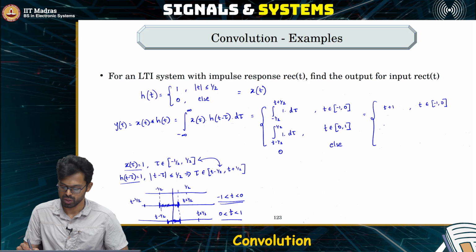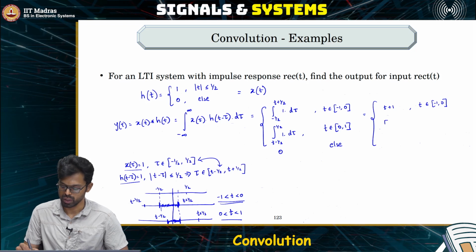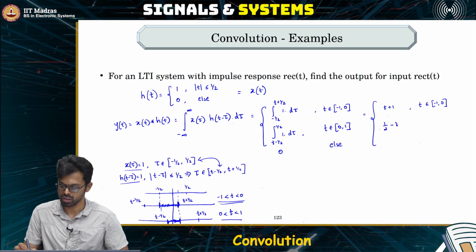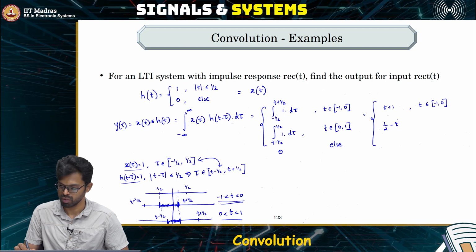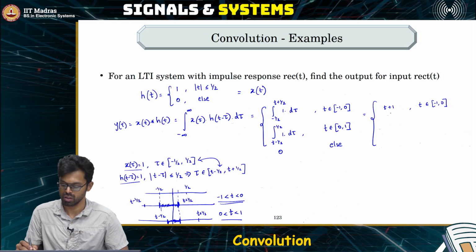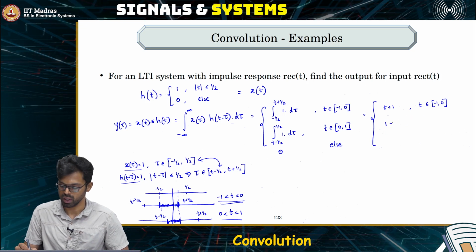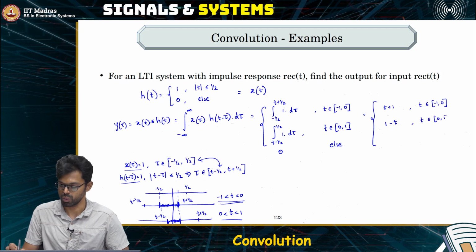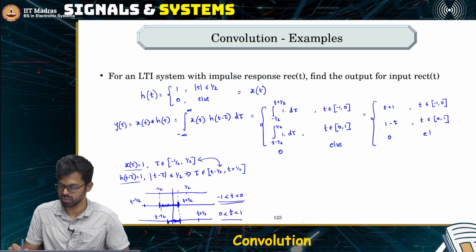And when you evaluate the other integral, you get half minus t minus half, which is 1 minus t in the interval 0 to 1, and 0 else.